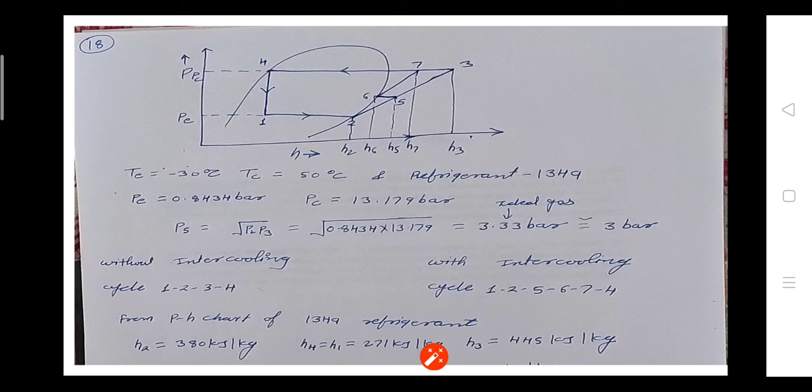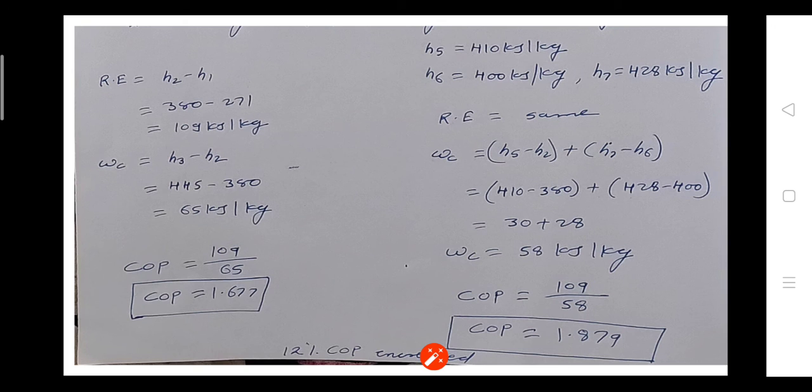You will get from the refrigerant chart 271 kilojoule per kg, and H3 is 445 kilojoule per kg. You have to find the enthalpies at points 5, 6 and 7 from this chart also. Here H5 is 410 kilojoule per kg, H6 is 400 kilojoule per kg, and H7 is 428 kilojoule per kg. You can see these values from the refrigerant chart.